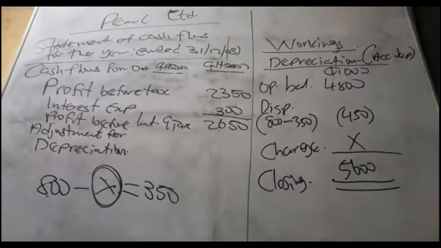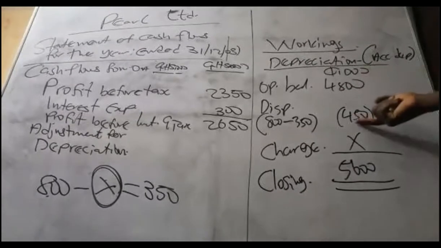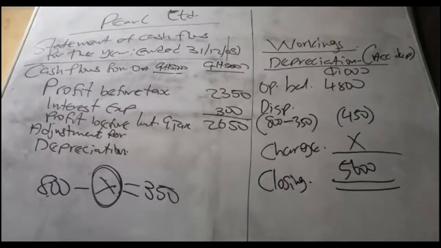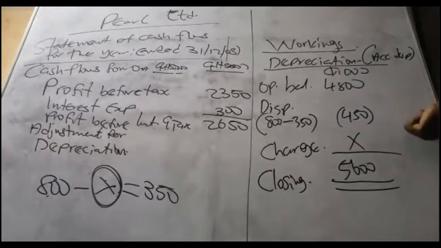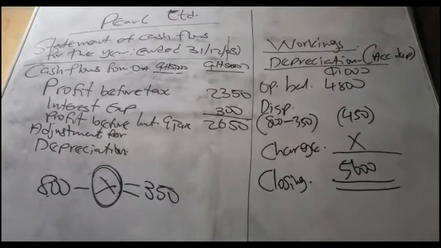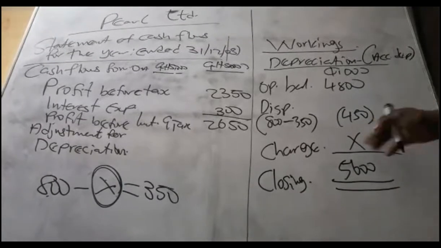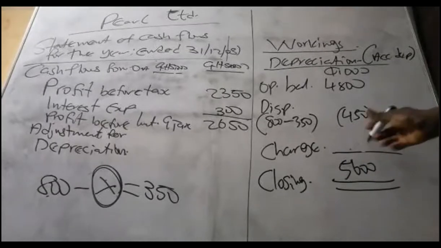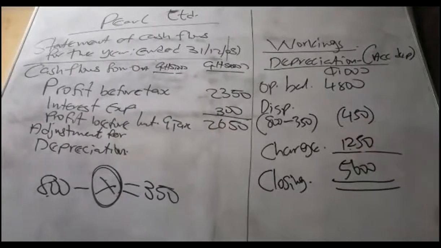So 4,800 less 450 gives us 4,350. Then the difference between 4,350 and 5,600 is 1,250. So 1,250 is the depreciation charge for the year.